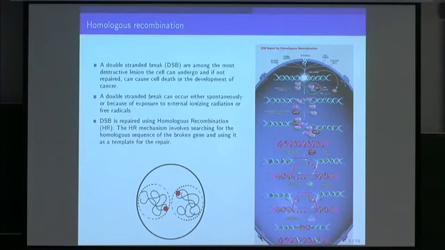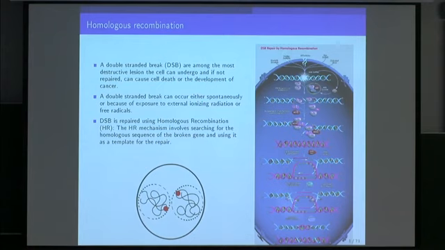You then have two new loose extremities, which is very dangerous for the cell because they can potentially interact with other chromosomes, creating chromosomal translocation. This can lead to cell death, apoptosis, or to cancer in many cases.